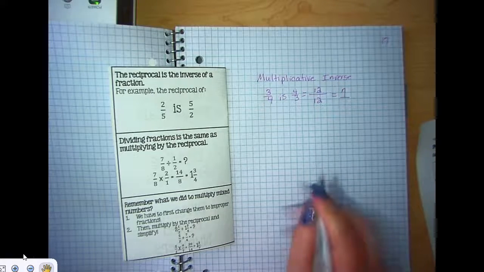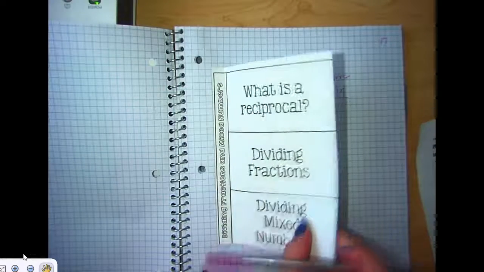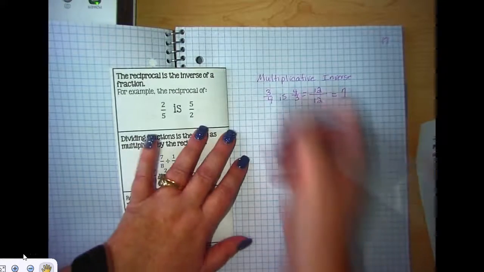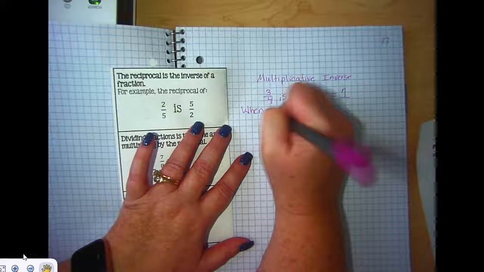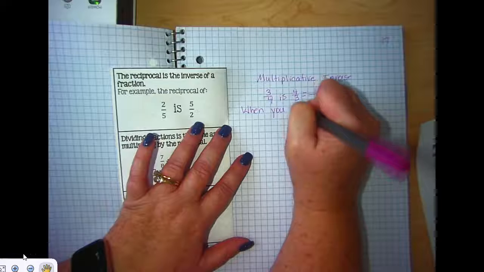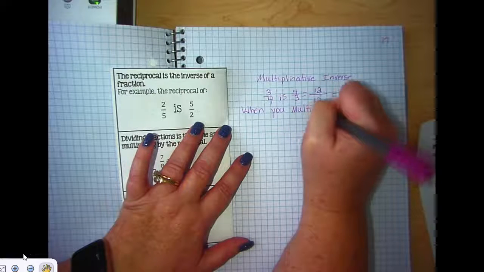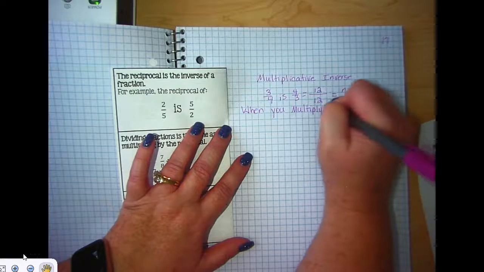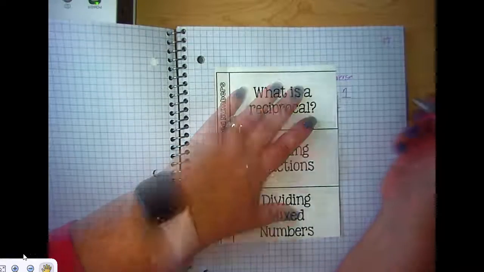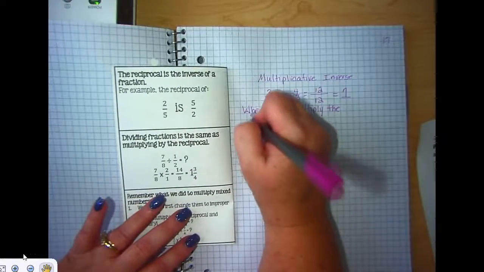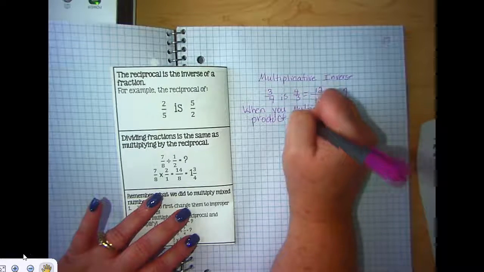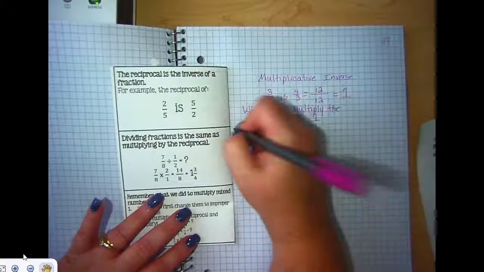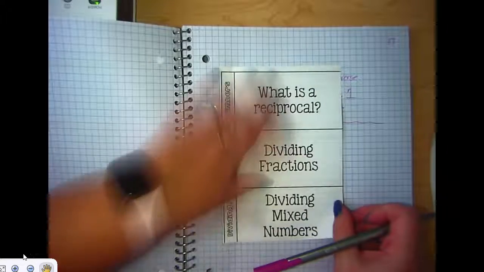So multiplicative inverses or reciprocals, when you multiply, their product is 1. And I'm just going to draw a little line so that I know. I kind of went past that a little bit, but that's okay.